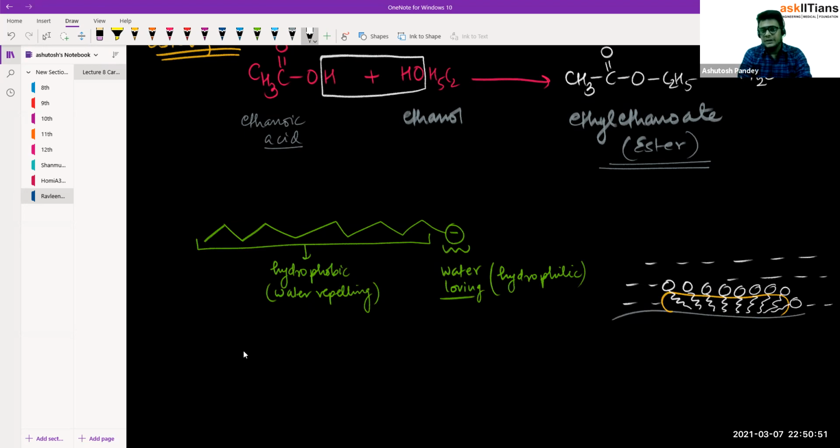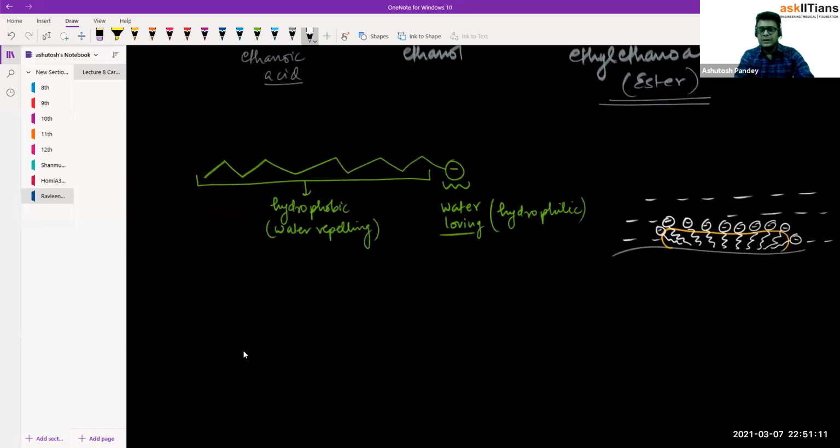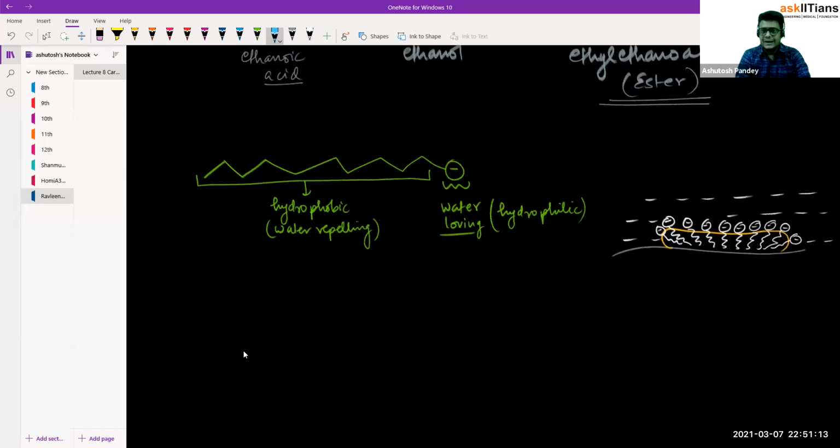So the water loving part will be on the outside of this dirt, while the water fearing part will hide inside this dirt, because it has a fear of water, and that's why it will try to get like this. Now since this water loving part will get attracted towards water, water will attract these together, and that's how they are going to come out along with the dirt.